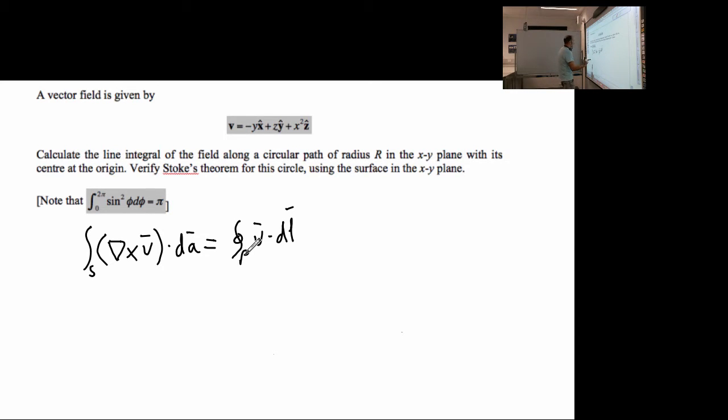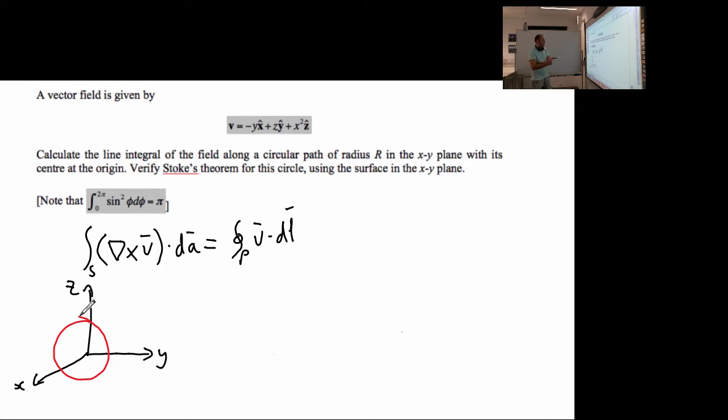So if I just draw up my system, my various axes, so what we have here is the z, the y, and the x. And our path is going to lie in the xy plane. So what can we say about this path?